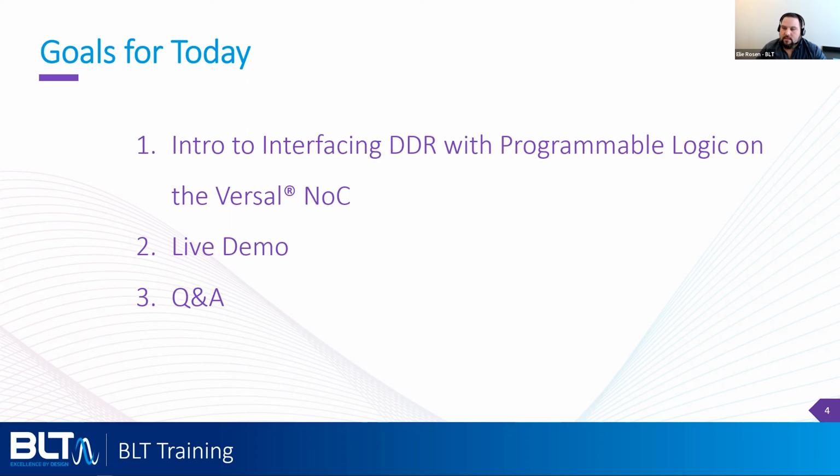Then I'll show you in Vivado a demonstration on how to configure the DDR interface through the NoC to the CIPS, the control interfaces and processing system block for the Versal device, as well as an example of how to connect a peripheral in the programmable logic to talk directly to a DDR interface as well. At the end, we'll have some time for a question and answer session, and if there are any questions that come up throughout this, please feel free to paste them in the chat and we will get to them at the end.